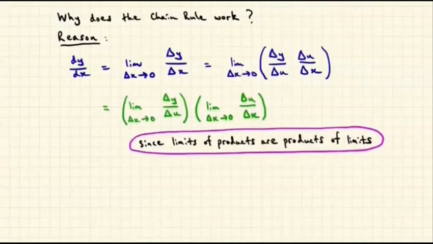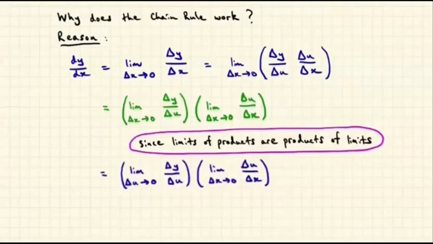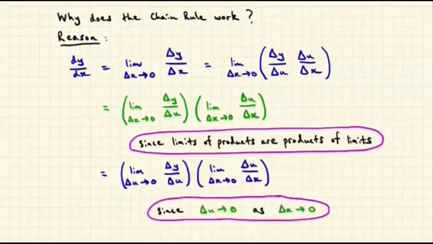And we can adjust the way we've written the first limit, because we expect delta u to get really, really small as delta x does, that is, delta u goes to 0 as delta x goes to 0.